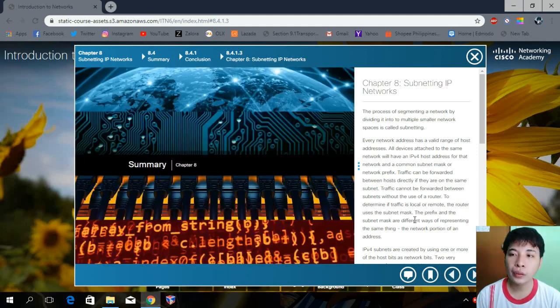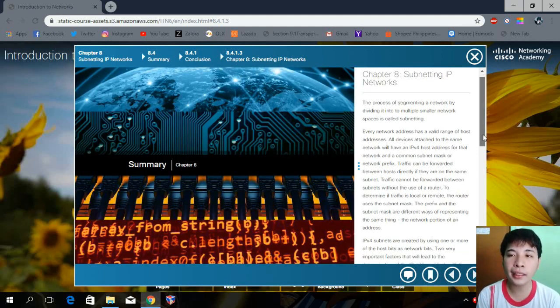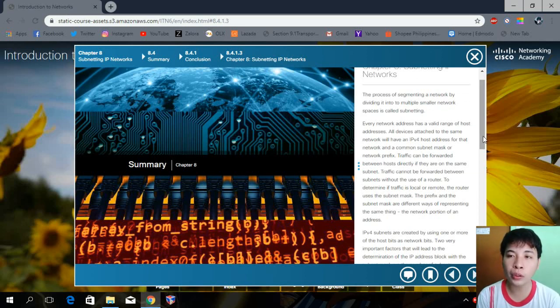The process of segmenting a network by dividing it into multiple smaller network spaces is called subnetting. Every network address has a valid range of host addresses. All devices attached to the same network will have an IP version 4 host address for the network and a common subnet mask or network prefix.